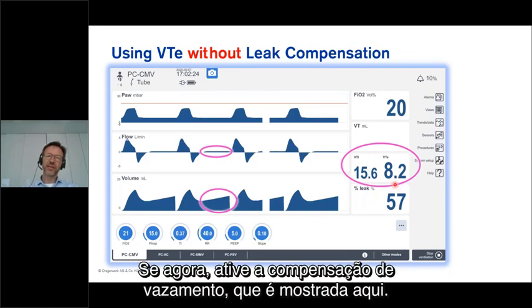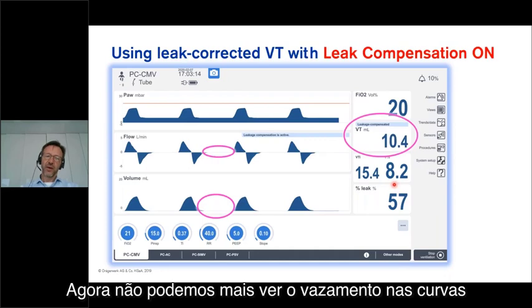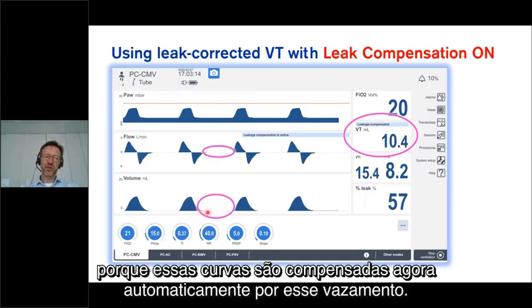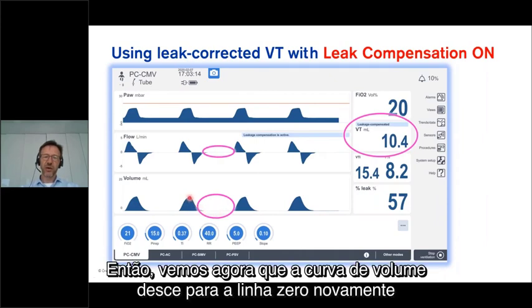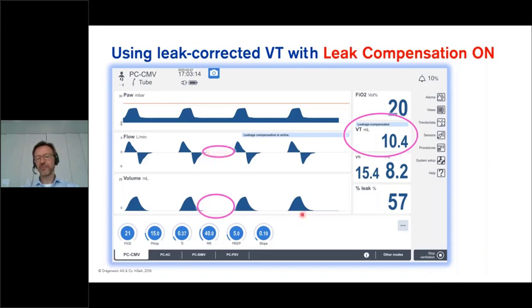If we now activate the leak compensation, which is shown here, now we can't see the leak anymore in the curves because these curves are compensated now automatically for this leakage. So we see now the volume curve comes down to the zero line again, and as well the flow curve comes down to the zero line.